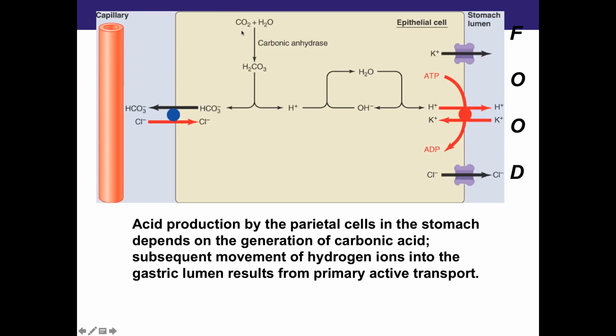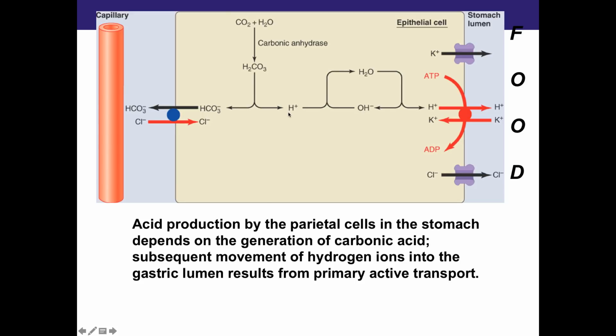Carbon dioxide in water is converted to carbonic acid by the enzyme carbonic anhydrase. So these parietal cells actually have carbonic anhydrase inside. Carbonic acid is then converted to bicarbonate and protons.